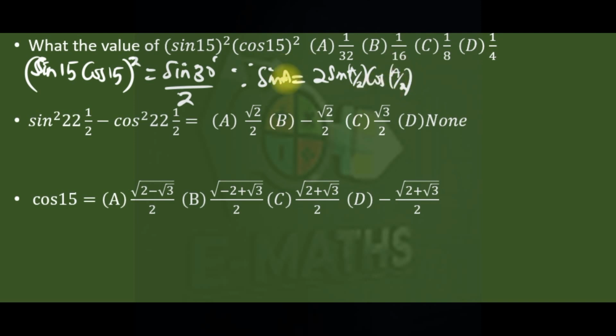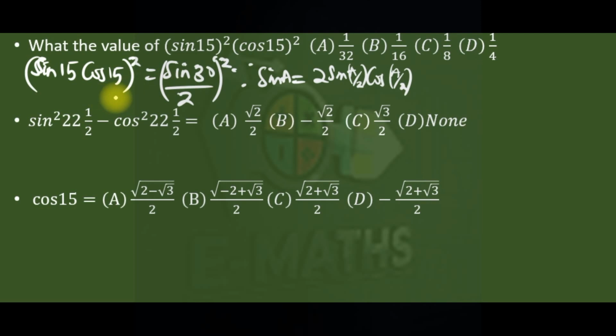So if a is 30, I have 2 sine 15 cos 15. So if I make sine 15 cos 15 the subject of formula, it is now sine a over 2. So that's how we got this, all squared.